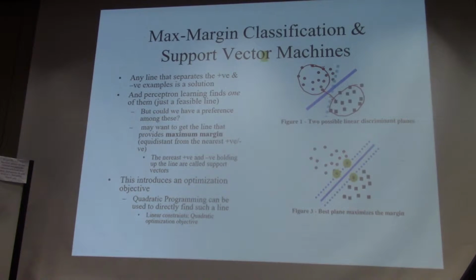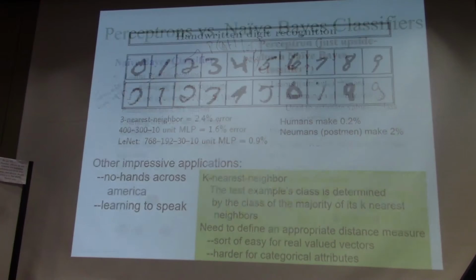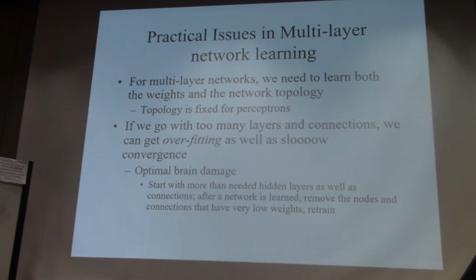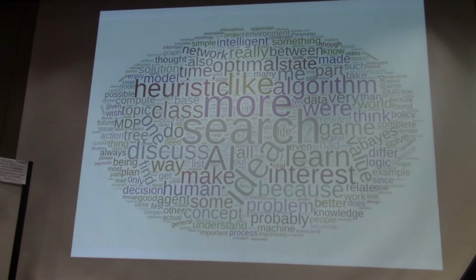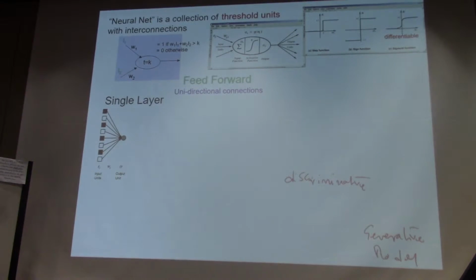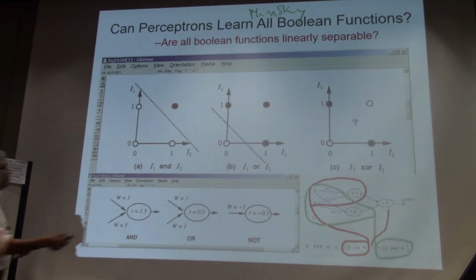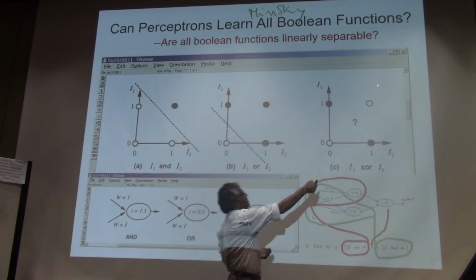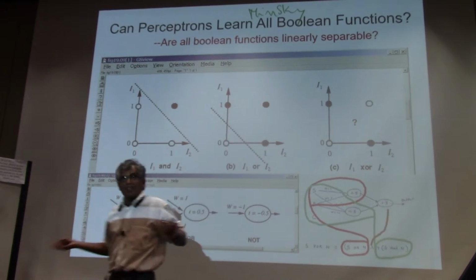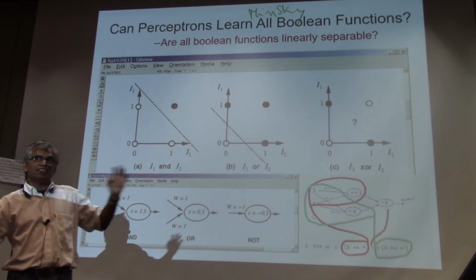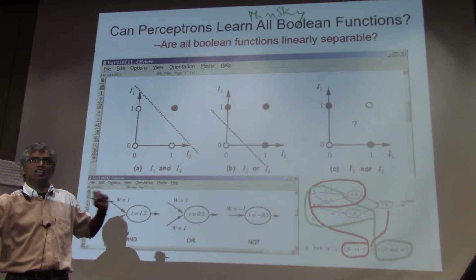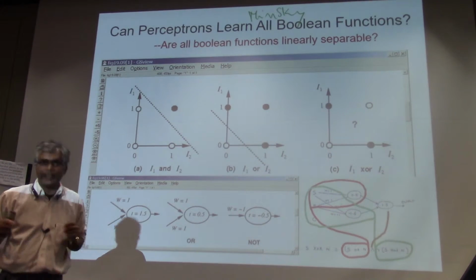If you remember the reason you could not solve XOR, there was no line that you could draw. These are the positives, these are the negatives. There's no line that separates all the positives from all the negatives. It's not a question of how nice the line is, whether it is solid or dotted. There was no line.